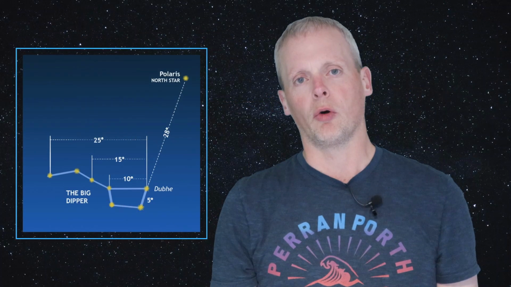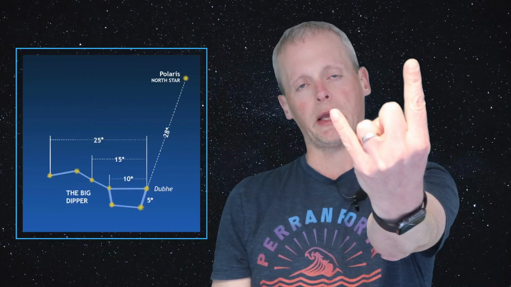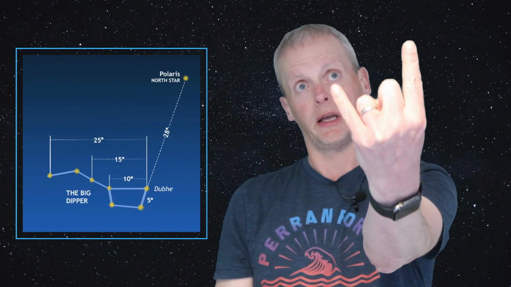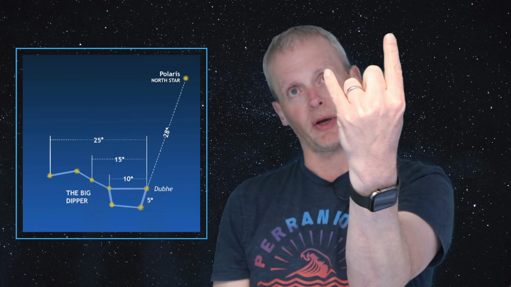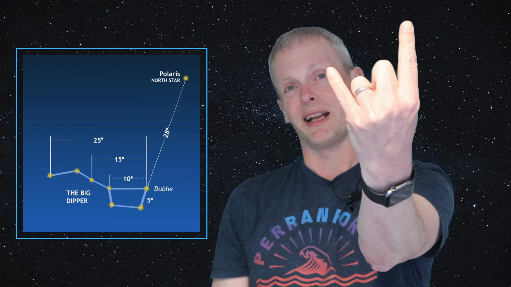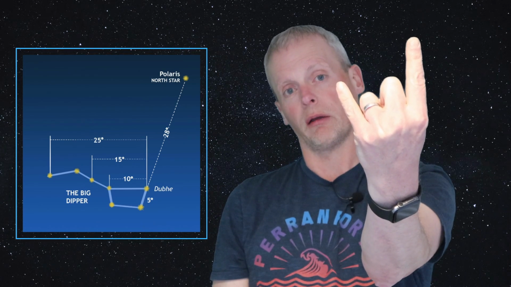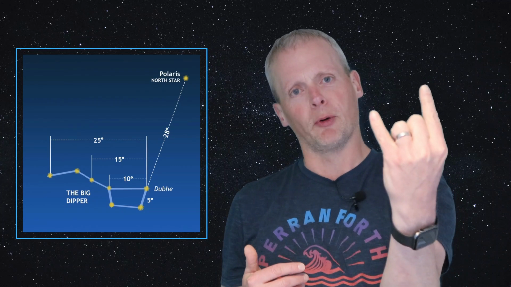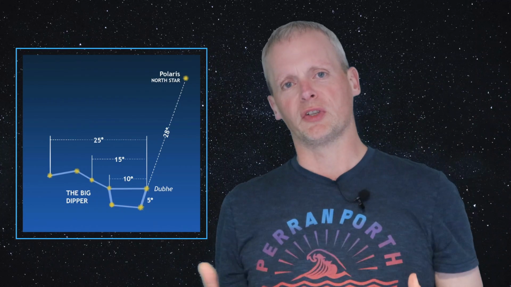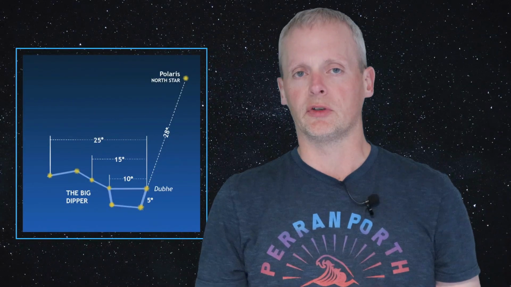If I hold up my pinky and pointer, which is roughly 15 degrees, and calibrate it with the stars in the Big Dipper that are 15 degrees apart, I might find that I need to bring my hand a little bit closer to match it up, or that actually I'm more like 13 degrees. In which case I can build that into how I use my hands for measuring the night sky. Either I'm going to have to bend my arm a little bit to be more accurate, or the measurements that I've been using are slightly too small.